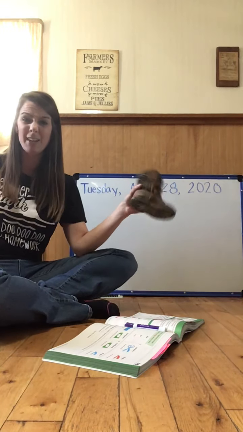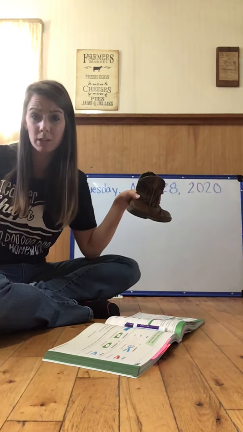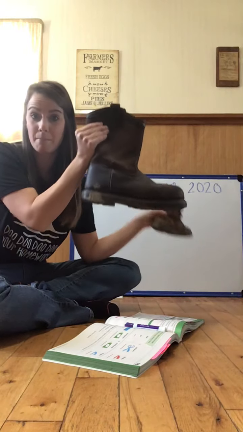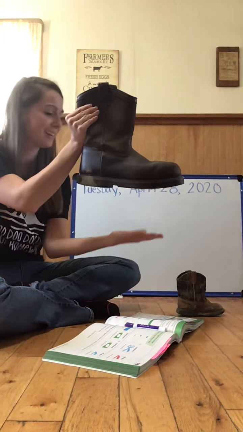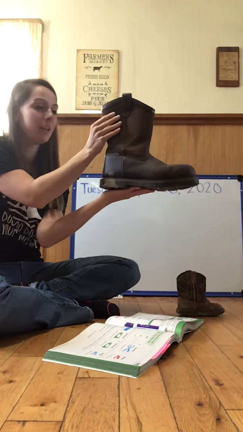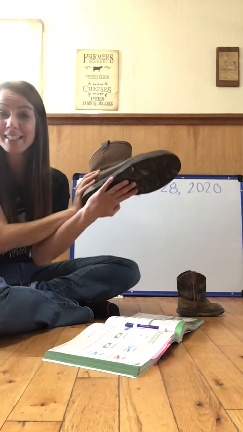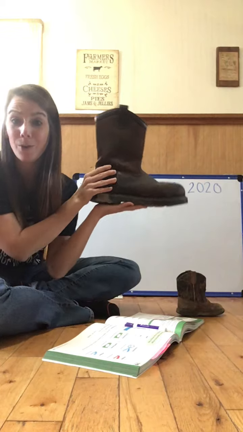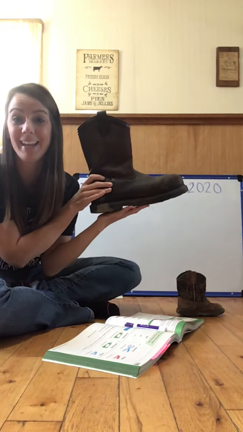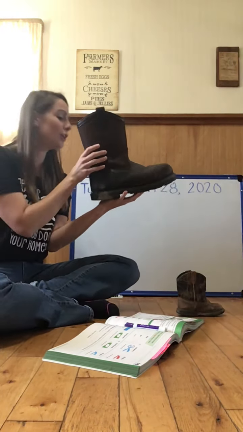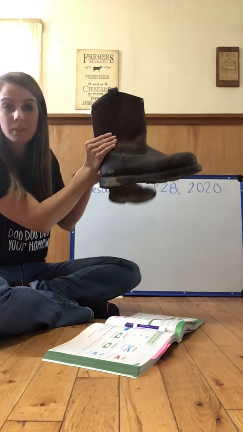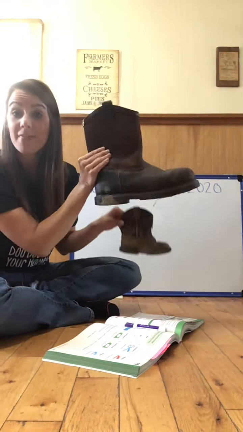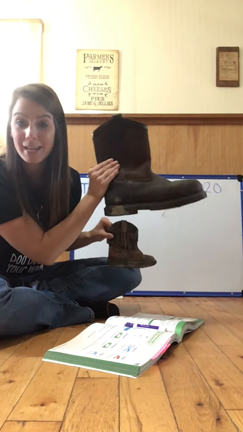Now I want to see if Jacob's boot is shorter or longer than Matt's boot. Let's see if I can even hold it in one hand. Okay, so here's my hand. Is it longer than my hand? Holy moly, yes, it's way longer. So I know without putting these boots up against each other that Matt's boot is the longer boot.